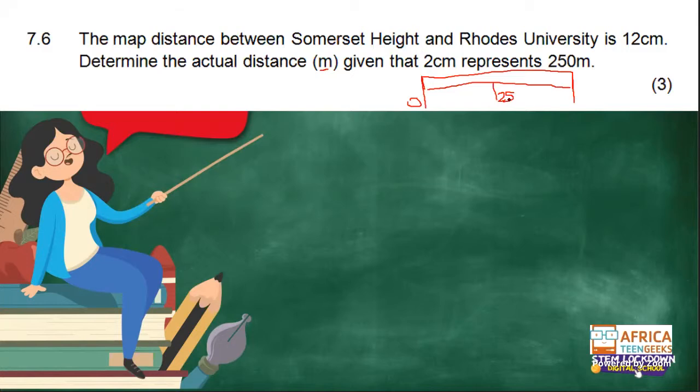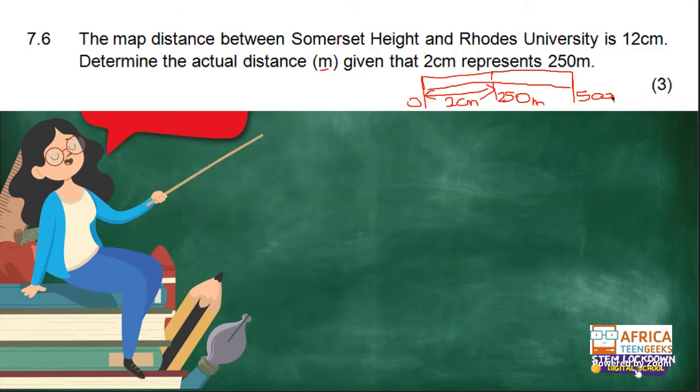In fact, you can continue that. And then you take your ruler and measure between 0 and 250, and you'll get 2 centimeters on the map, which represents 250 meters in real life.